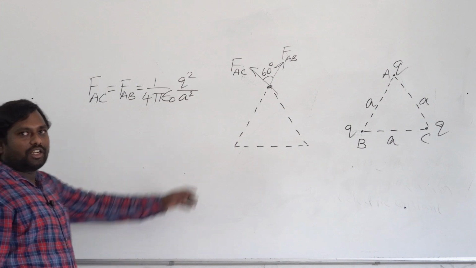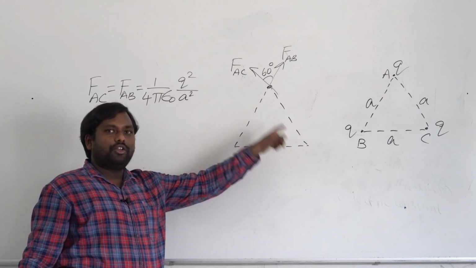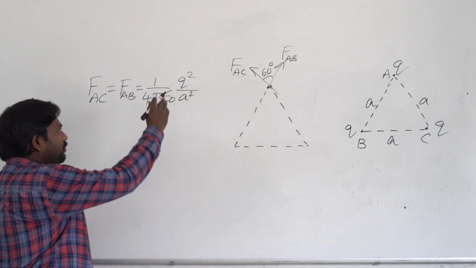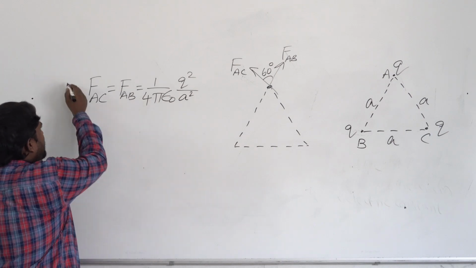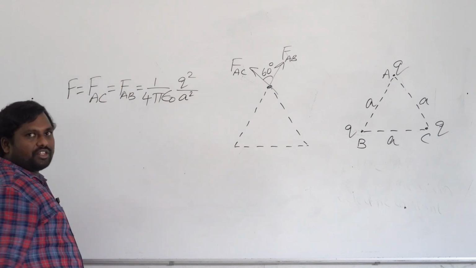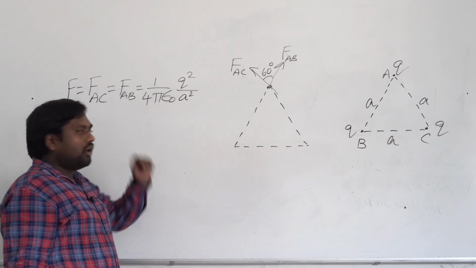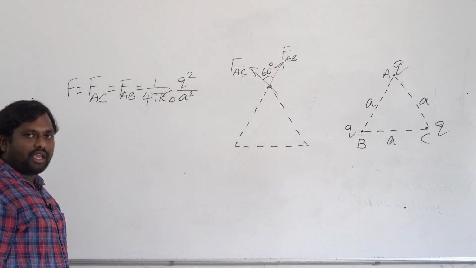This is the force acting on A due to B and due to C. Now we want the resultant force. Let us say this value is F. F equals FAC equals FAB equals 1 by 4 pi epsilon naught q square by A square.